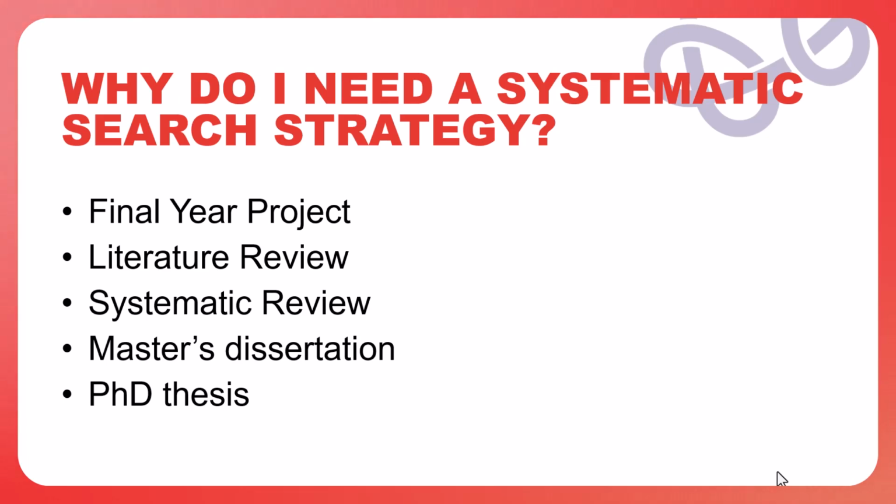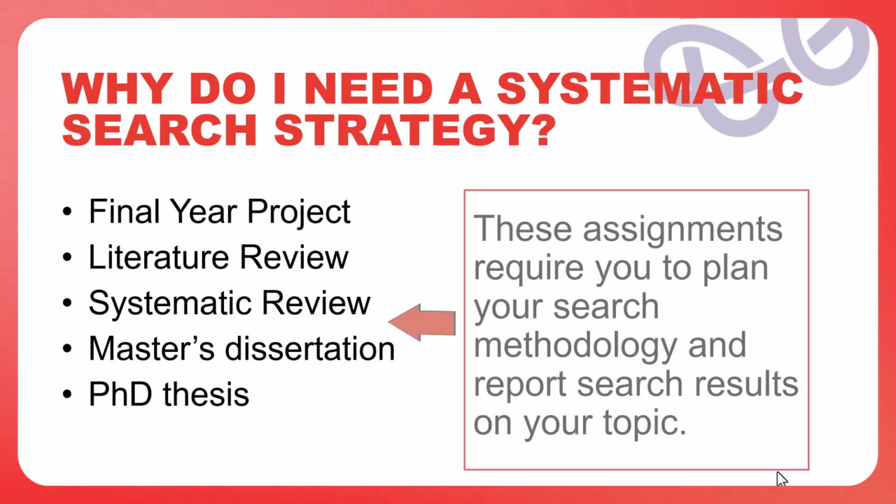So why do you need to develop this skill to plan a systematic search strategy? There are a number of assignments that will require you to plan a systematic search strategy and then write about how you did that. This might be your final year project if you are an undergraduate student. You might be asked to do a literature review or a systematic review.